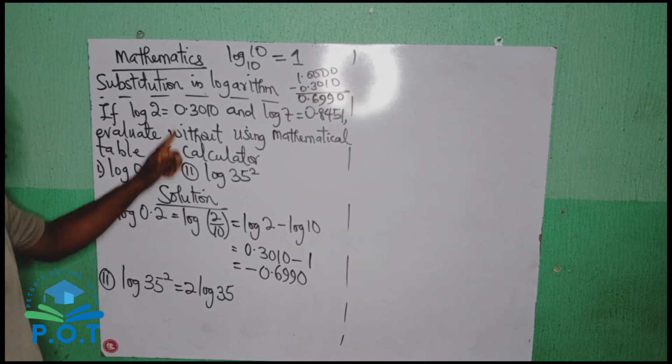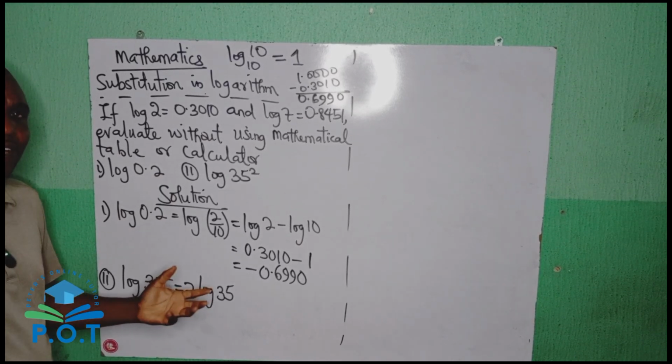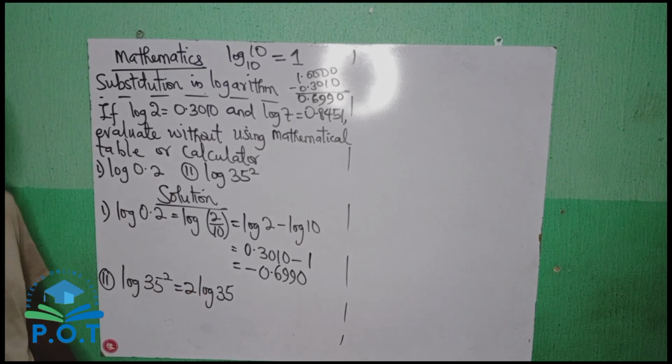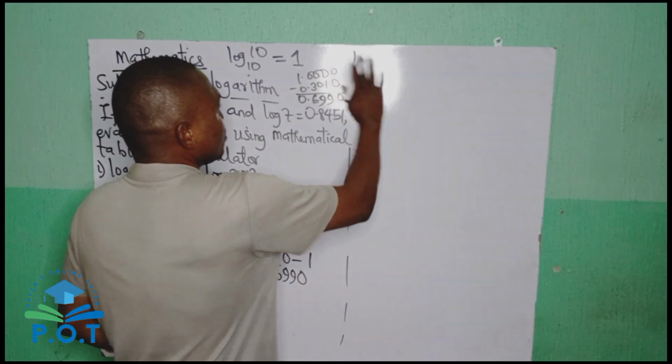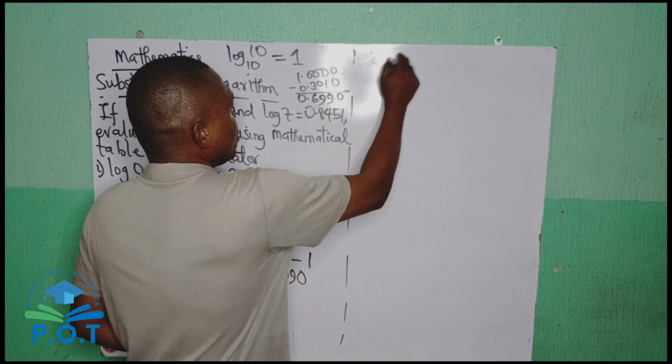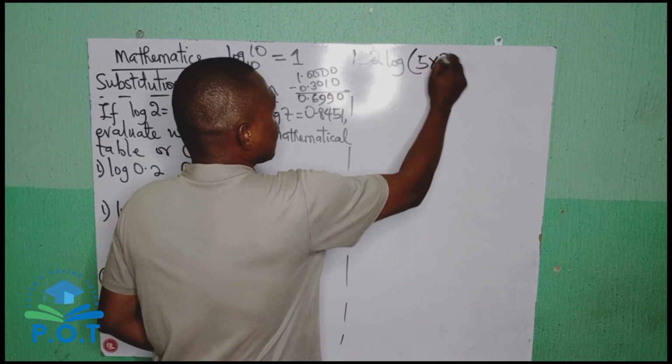Now 35 is not given here. So what do we do? If I multiply 5 and 7, I'm going to get 35. So I can write this as 2 log 5 times 7.